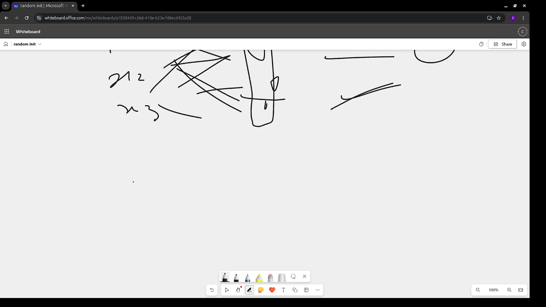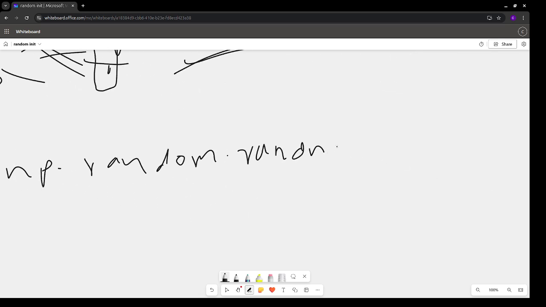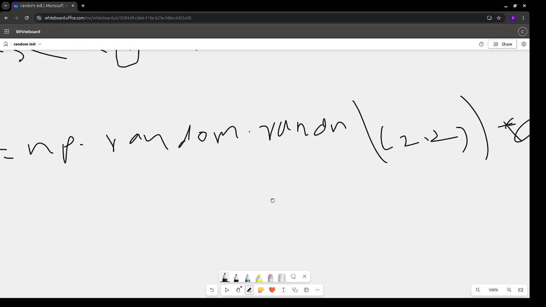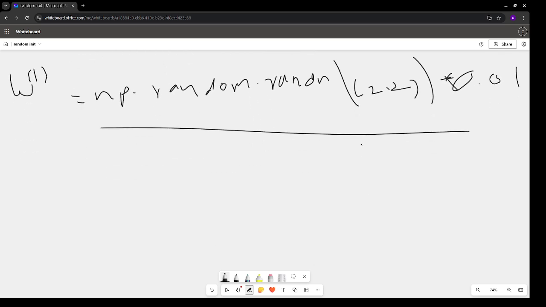Then it will be like w1 equals np.random.randn of the layer shape. We multiply this by 0.01 just to make it easier to open the lid. You guys remember the analogy, right?